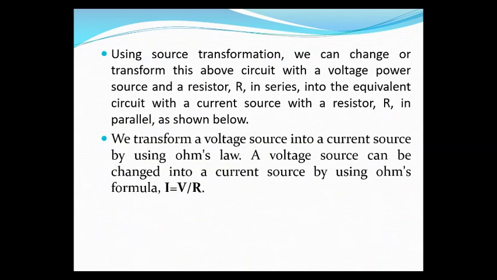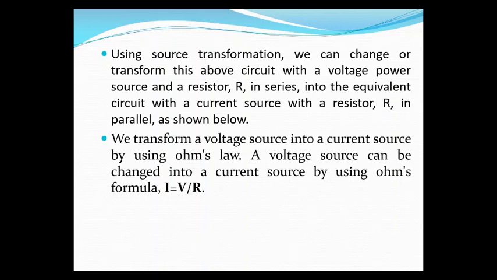So using source transformation, we can transform the above circuit with a voltage power source and a resistor R in series into the equivalent circuit with a current source and a resistor in parallel, as shown below.